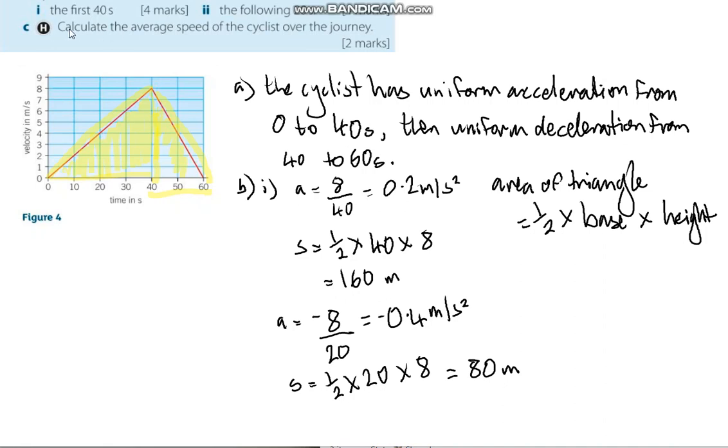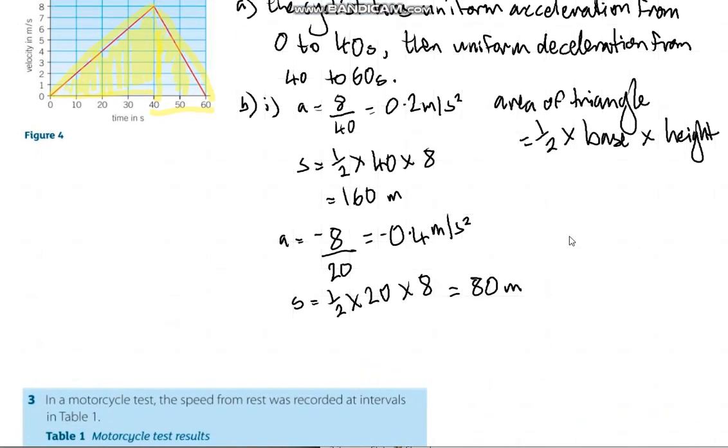Part C says calculate the average speed of the cyclist over the journey. Now we need to use the equation here that average speed equals distance divided by time. Now our total distance for the average is the area under both of those triangles.